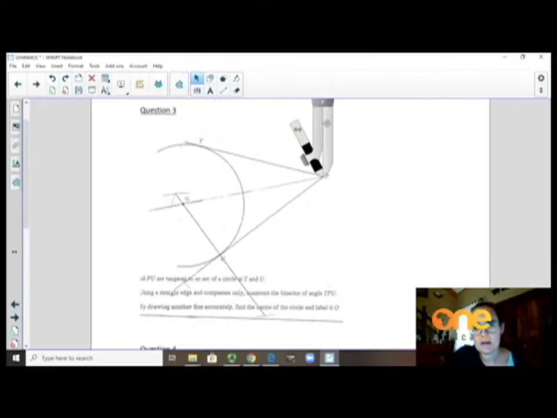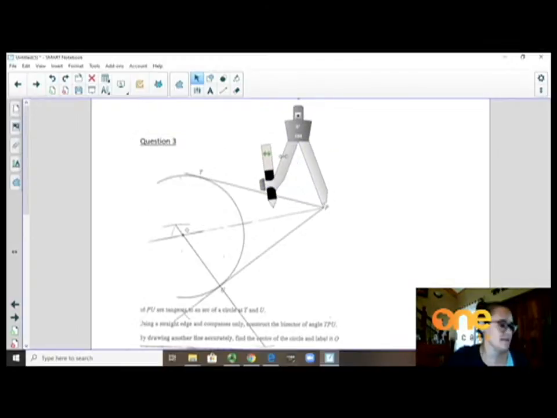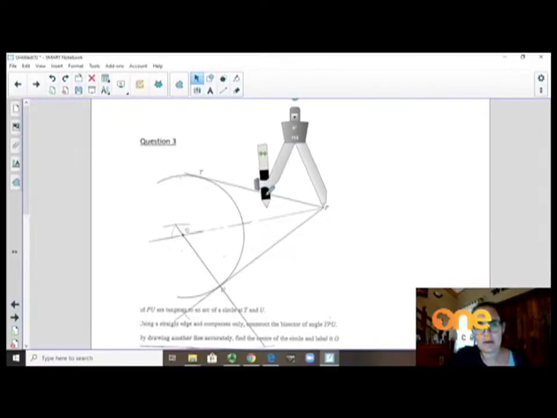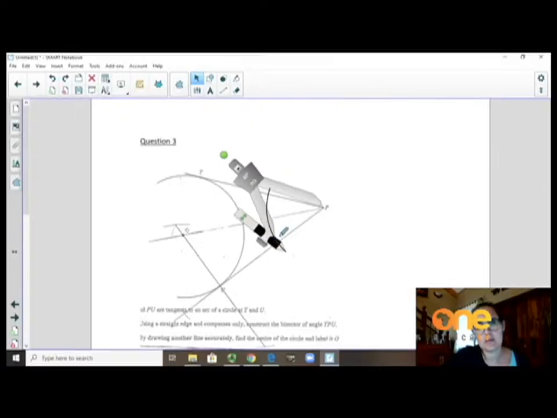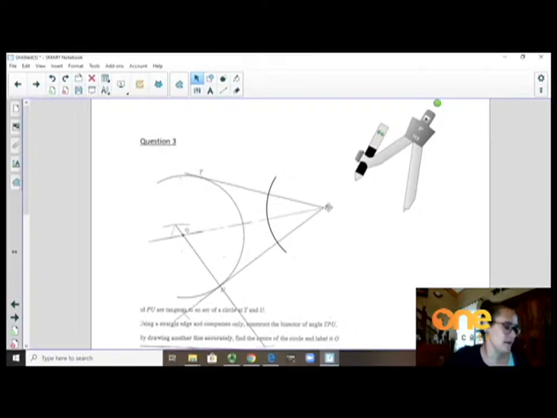So constructing my angle bisector, that was your decision how large you want it. This is probably not going to be exactly on scale, but you make your part of your circle on your line or on your angle P.